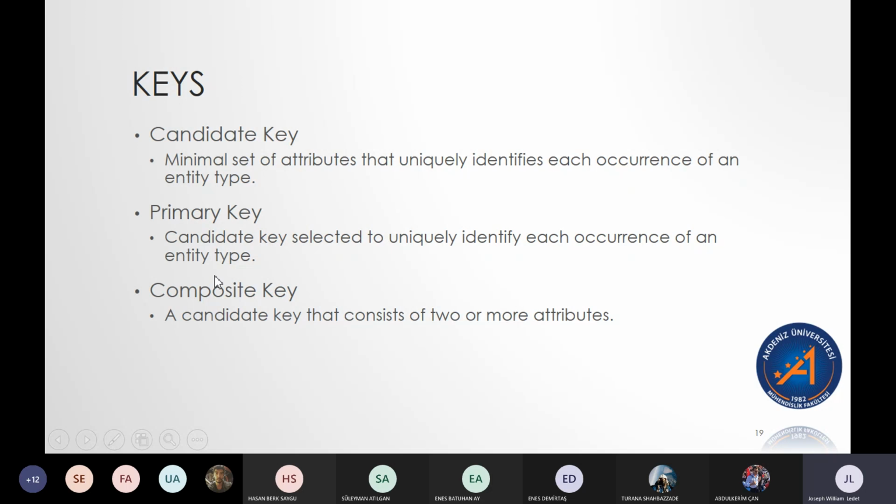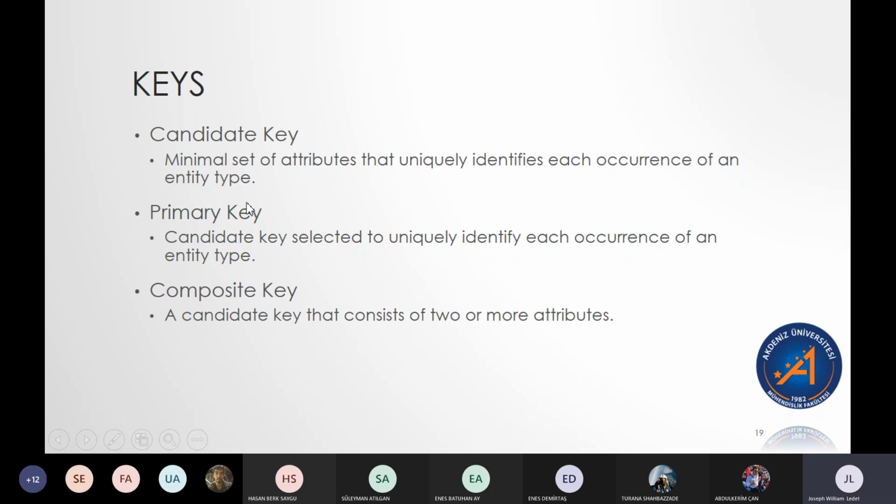So a composite key is a candidate key. A candidate key is not necessarily a composite key. Candidate is a hard word to say. A candidate key could consist of one column only, one attribute only. If it does, then it's not a composite key. If it consists of more than one attribute, then it is a composite key.